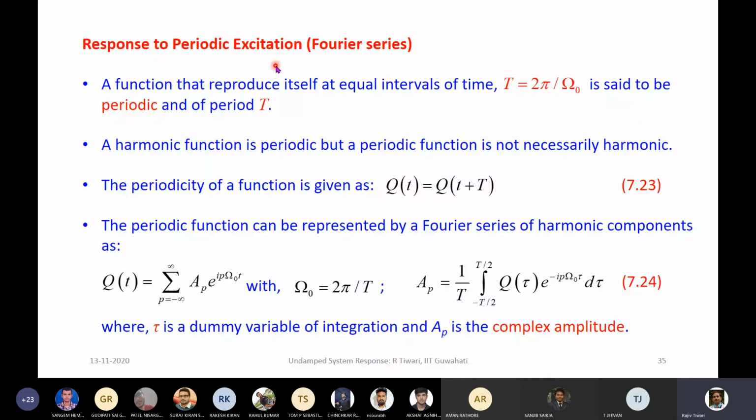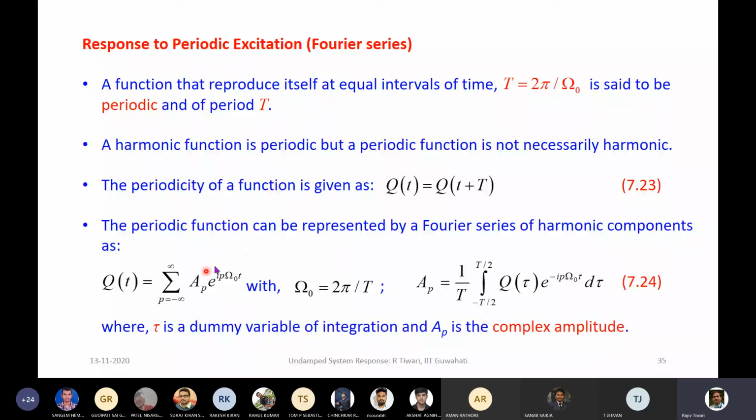But such a periodic force will have multiple frequencies, and the higher frequencies will be integer multiples of the fundamental excitation frequency. And we know that for any periodic function we can obtain various harmonic components using Fourier series. So we can use Fourier series to split the periodic function into its fundamental frequency and higher harmonics, sine, cosine terms, or this has been written in a complex form.